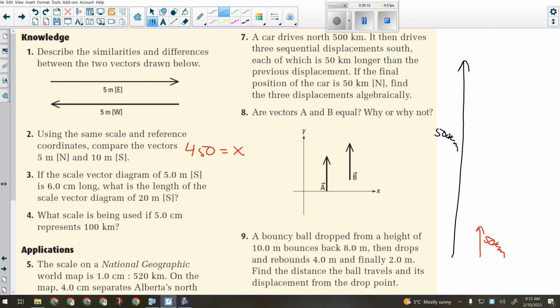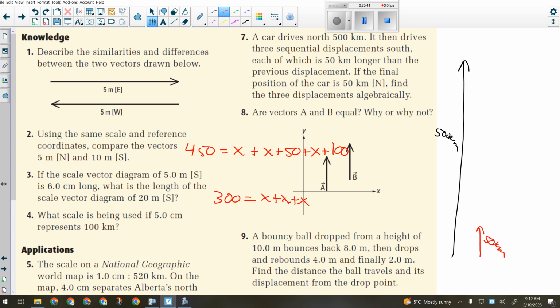The second vector is x plus 50, and the third one is x plus 100. So I'm going to move the 50 and the 100 over here. Everyone okay with that? I'll bring that over by subtracting, and I'll have then that 300 equals x plus x plus x.